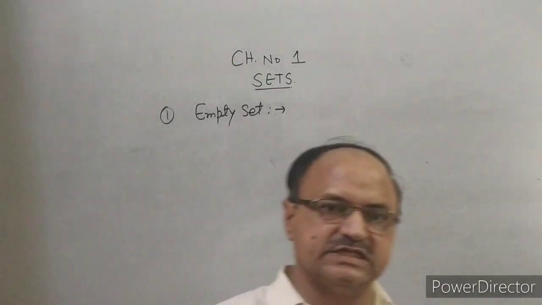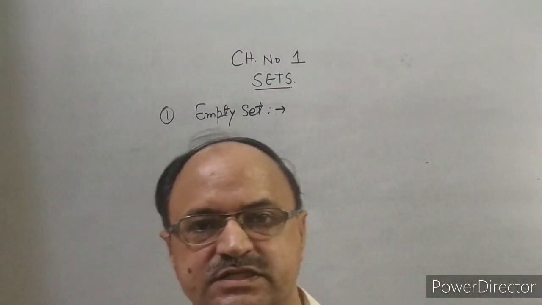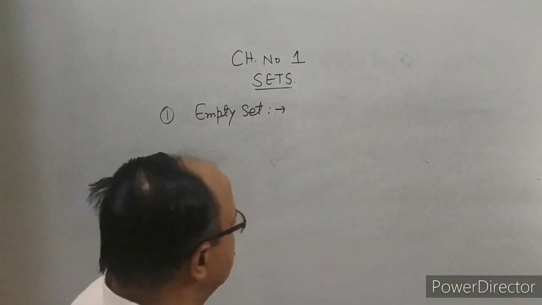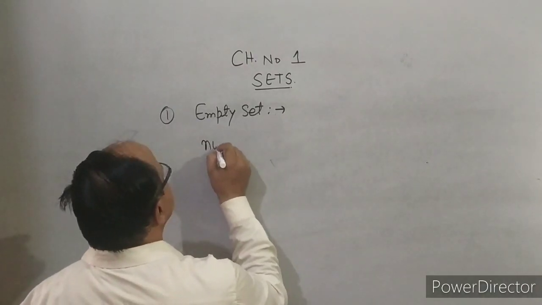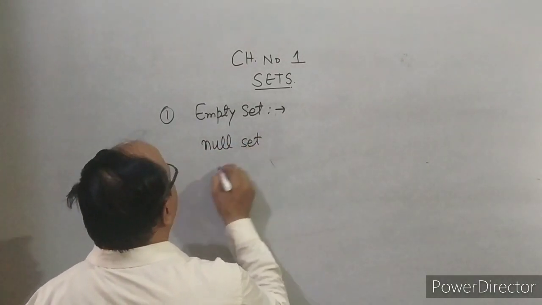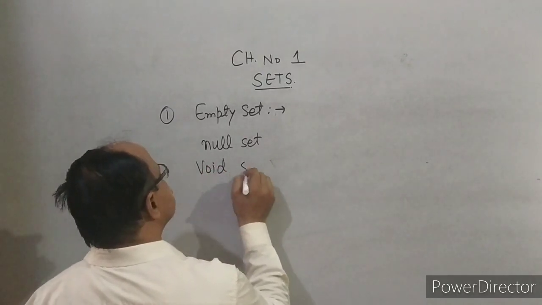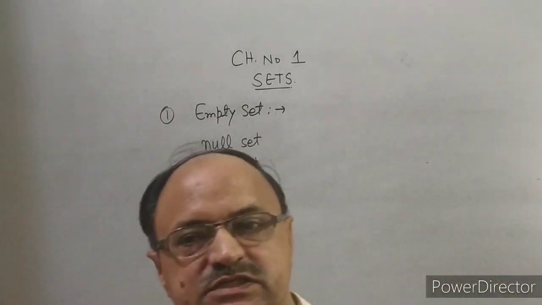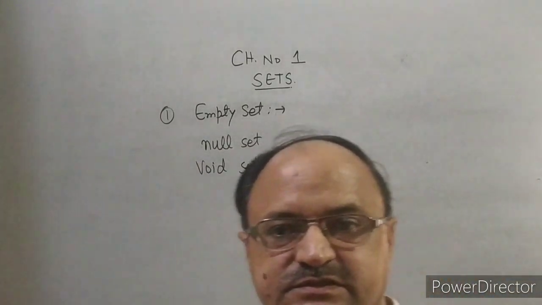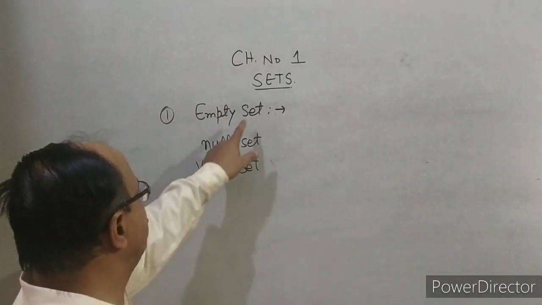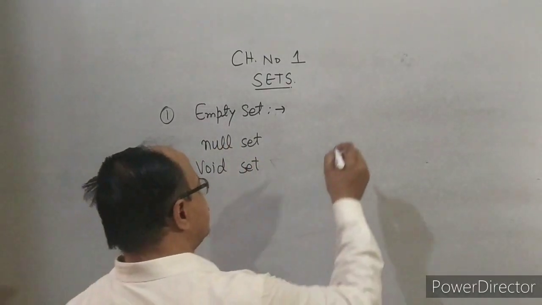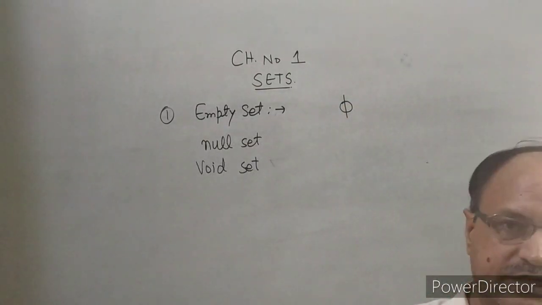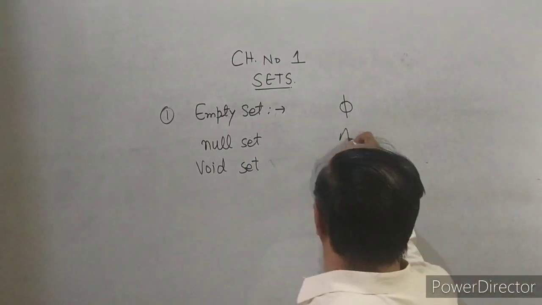The set which does not contain any element is called an empty set, or you can say null set, or void set. Clear? The names of the empty set: null set, void set. And the empty set is represented by phi, this symbol. Phi, correct? Or you can write like this.